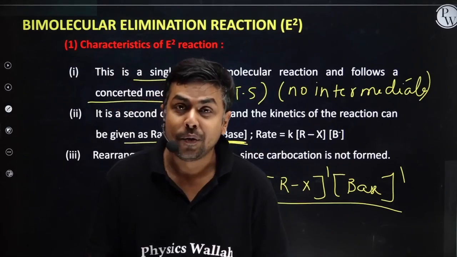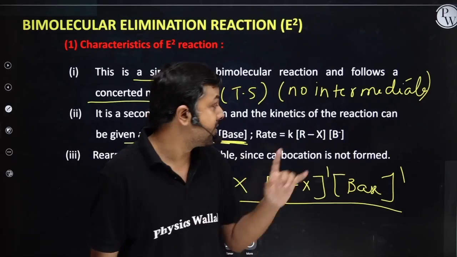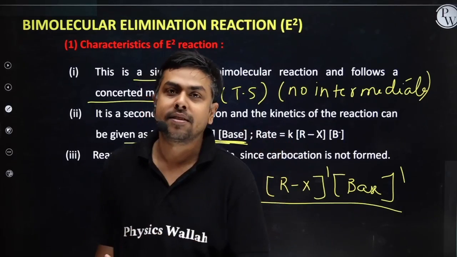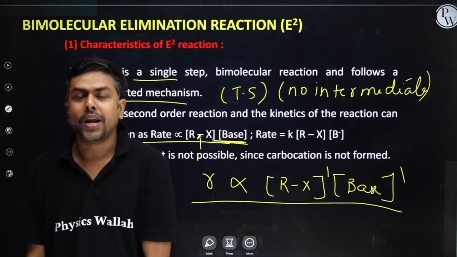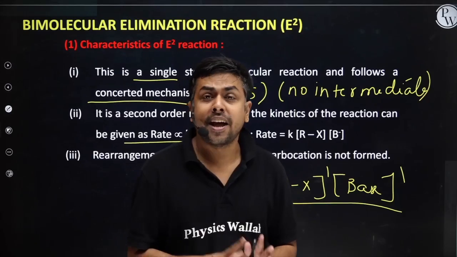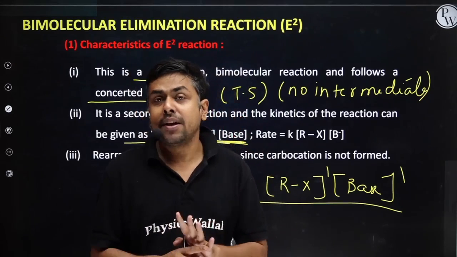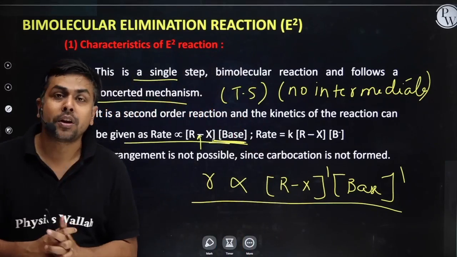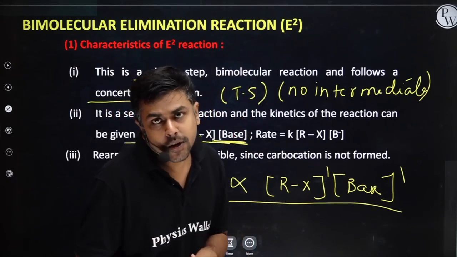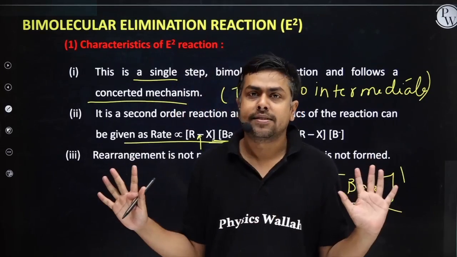Student, E2 reaction is dependent on the nature of base. Stronger the base, better will be the E2 reaction. Am I clear? In general, E2 reaction is carried out by stronger base itself. We have 3 types of base which in general will promote E2 reaction: alcoholic KOH, NaNH2 or tert-butoxide ion, RO minus.